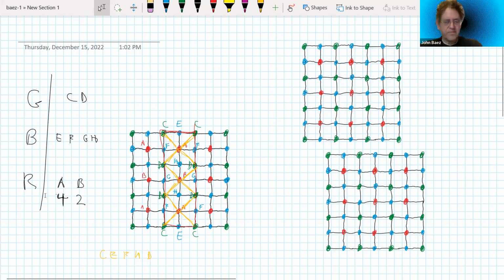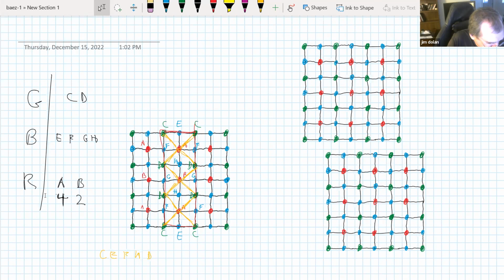Right. So I think it's claimed that A has 2 different edges to F, 1 to H, and 1 to E. Yeah, okay. I was afraid that it had 2 to D or something. But D is not a blue. Don't count the red. Don't count the green.